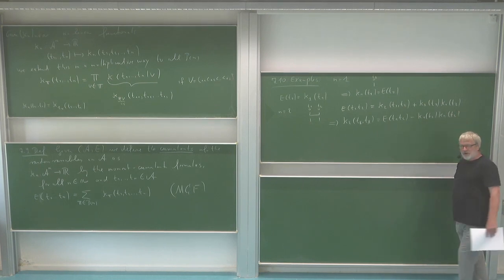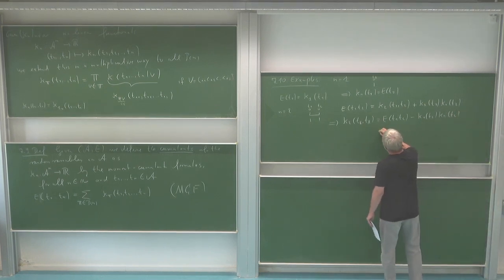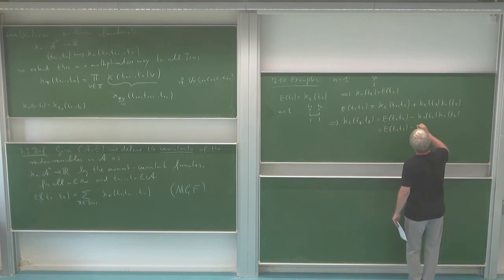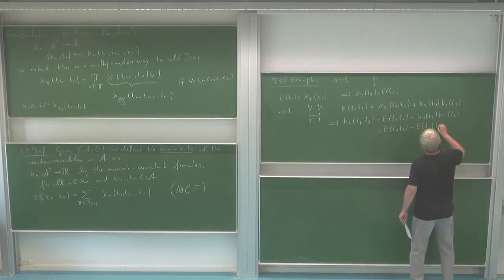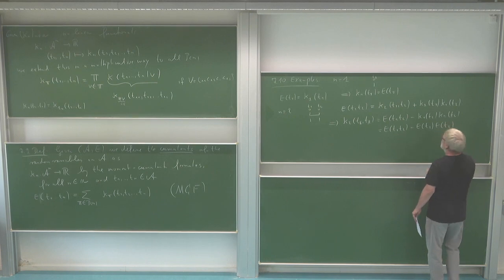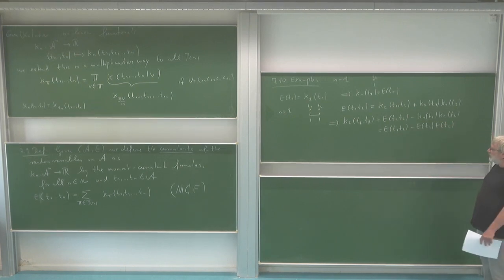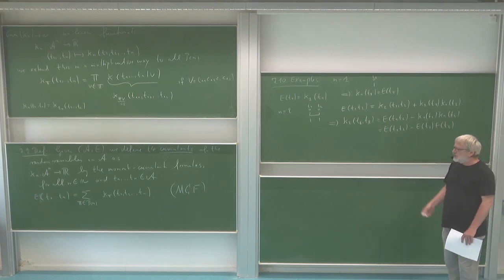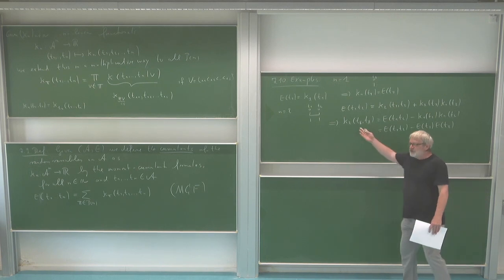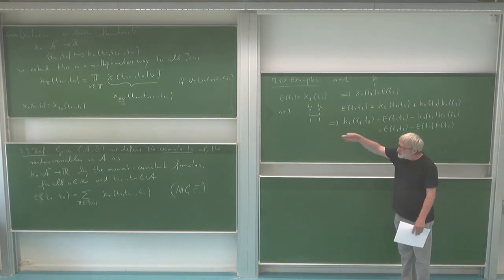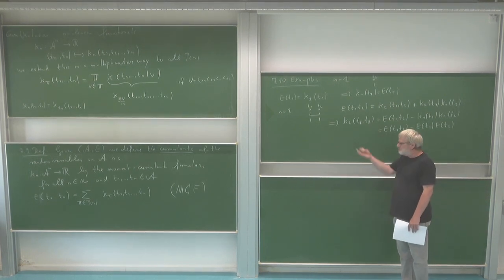But of course the kappa 1s are just the expectations. So this is the same as E of T1, T2 minus E of T1 times E of T2. I can now use this for defining kappa 2, or that's what my definition is telling me concretely.